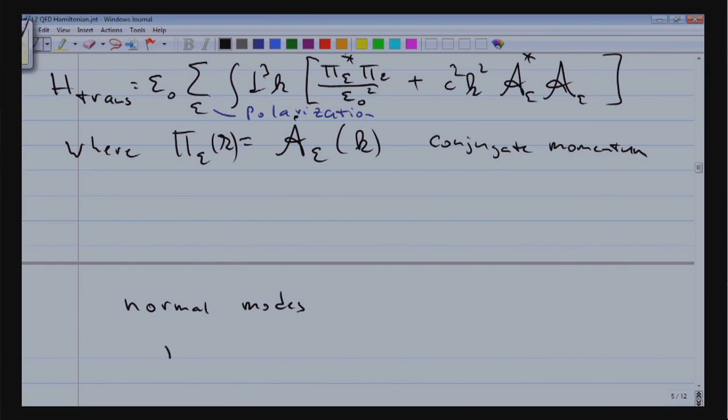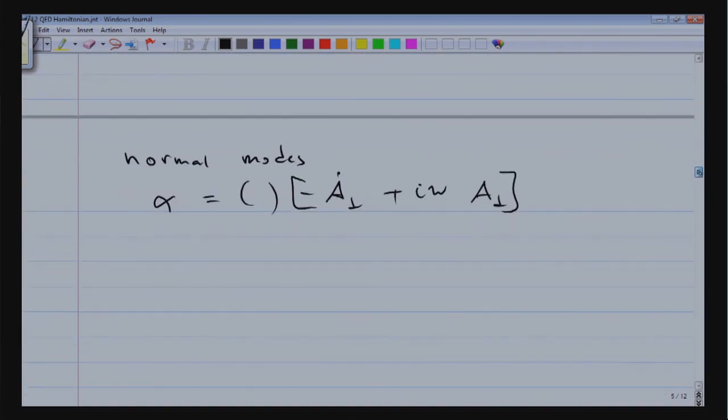So we have these normal mode variables, which are defined as a superposition of A and A dot. I'm not telling you here with all the indices whether it's the polarization component or the k components. I just want to tell you the structure. The normal mode is a superposition of A dot and A.